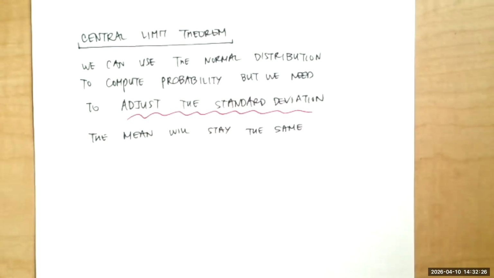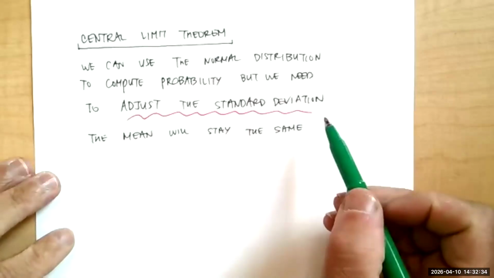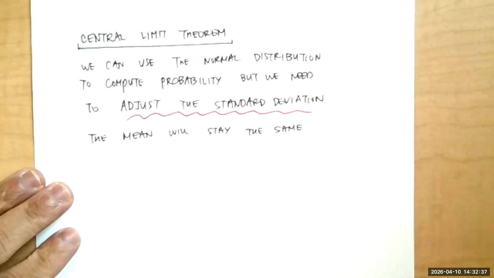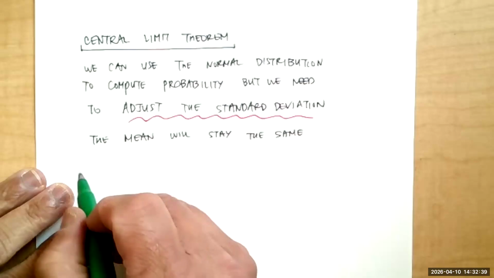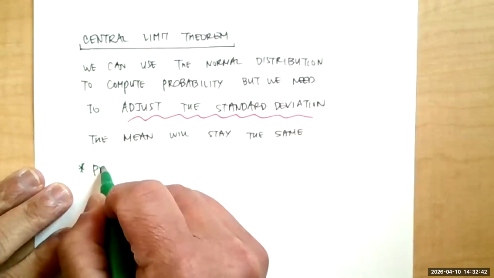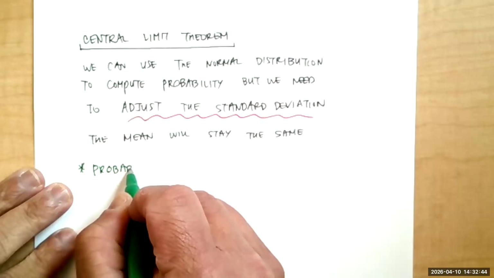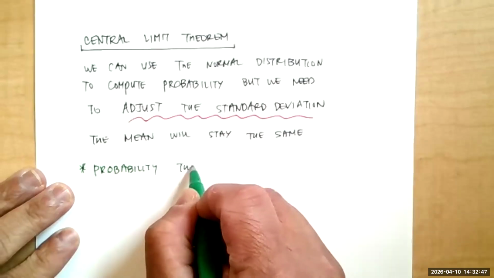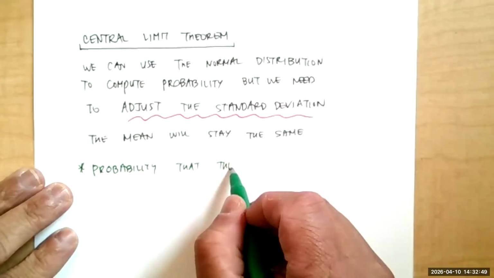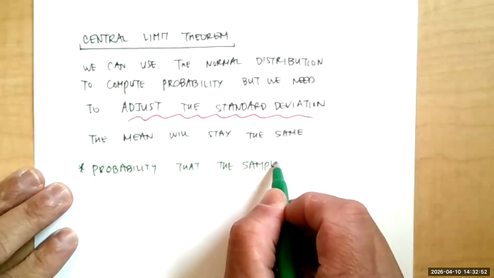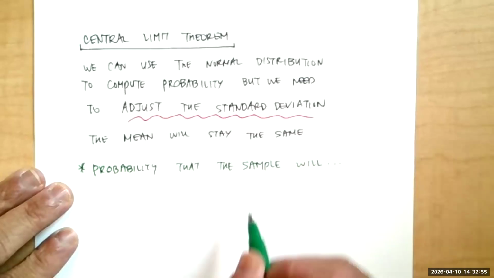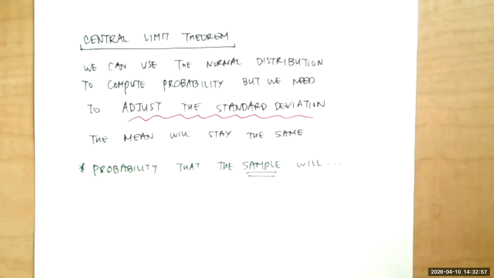Looking at this information, in particular when we're dealing with a sample mean, the distribution of sample means, one of the key statements we'll look for is the probability that the sample will have a mean greater than, or that the proportion for that sample will be less than.